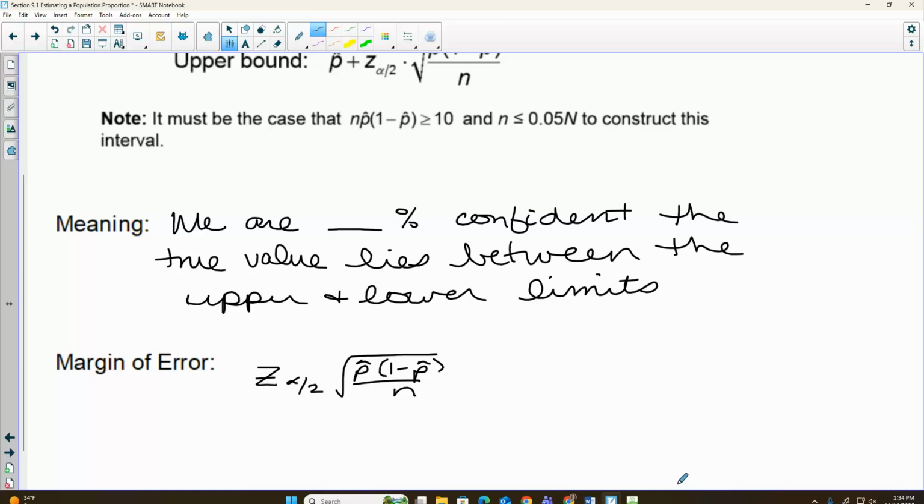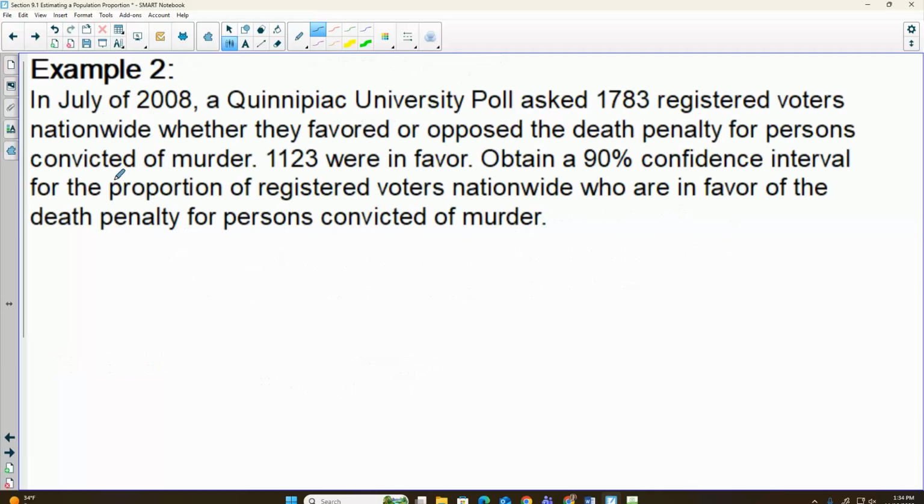So let's make a confidence interval for that example we had. This is the same scenario. I want a 90% confidence interval for the proportion of registered voters who are in favor. We already found our p-hat.